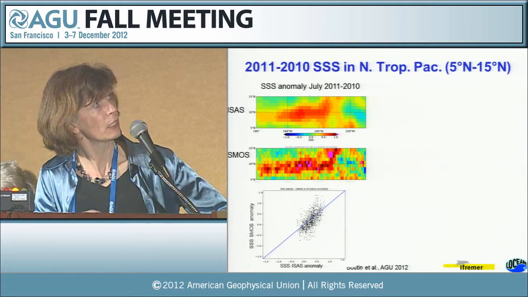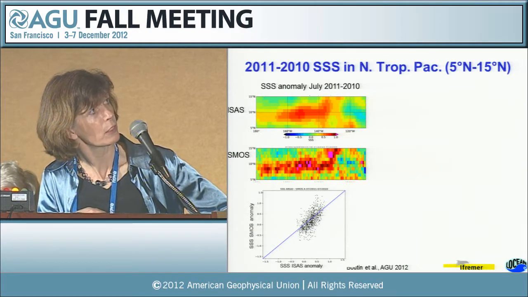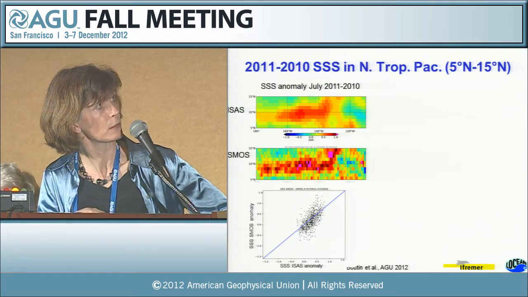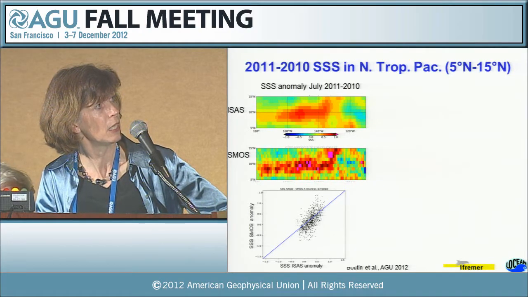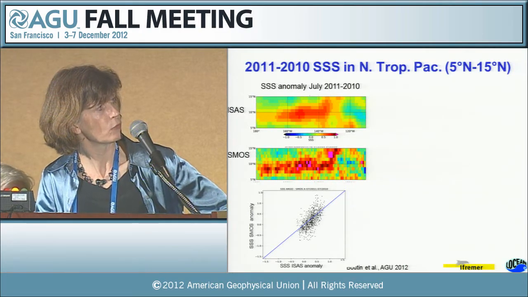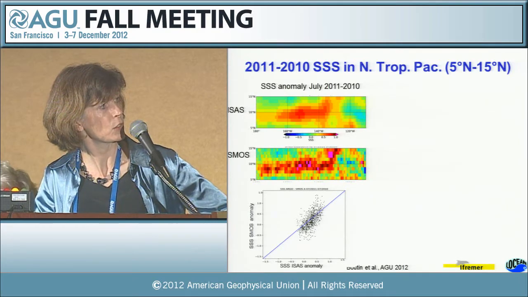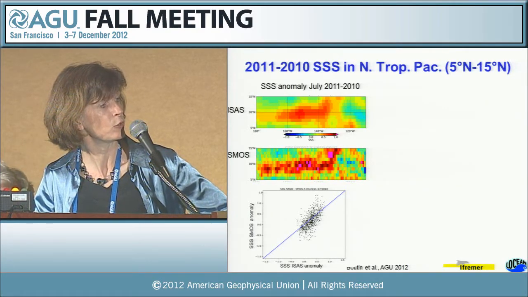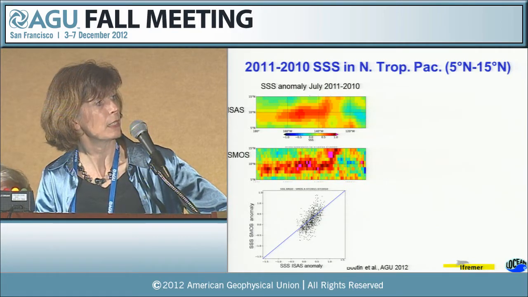So concerning the northeast tropical Pacific Ocean, again you see the salinity anomaly from in situ analyzed optimal interpolation, and here the same obtained from SMOS, and here is a scatter plot showing the SMOS salinity anomaly versus the ISAS salinity anomaly.